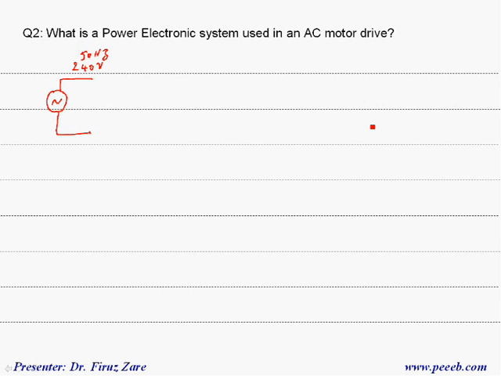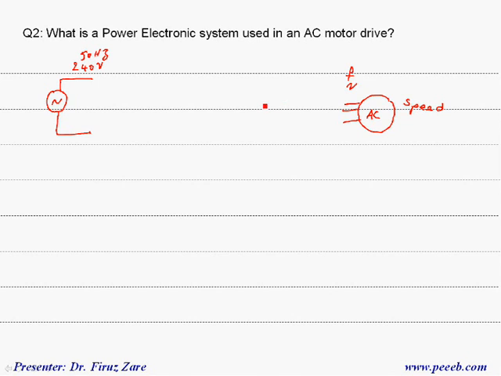And if we have an AC machine, we need to control the speed. To control the speed, we may control the frequency and voltage.